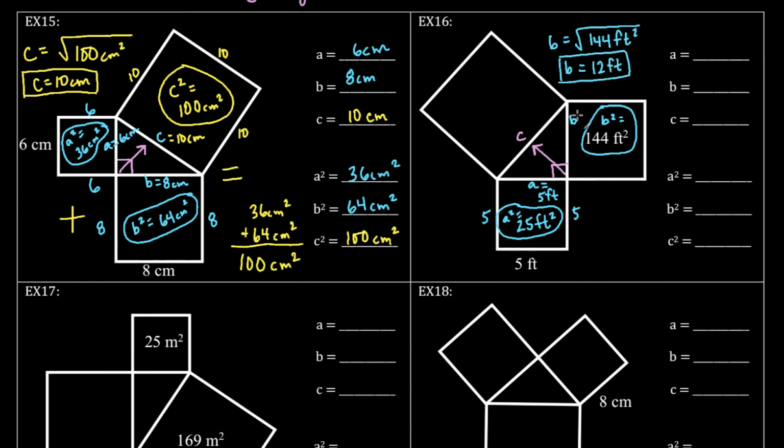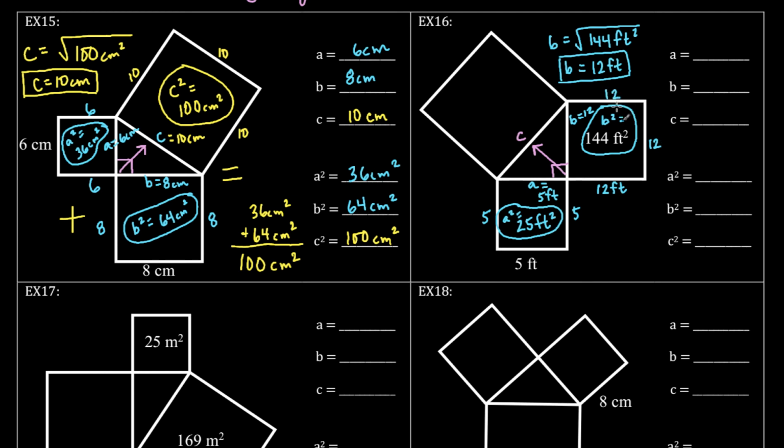So this is 12 feet. I'll put 12 right here, actually, and then I'll put the unit of measurement, feet, over here with the label. Oh, I don't need that. I already put it there.